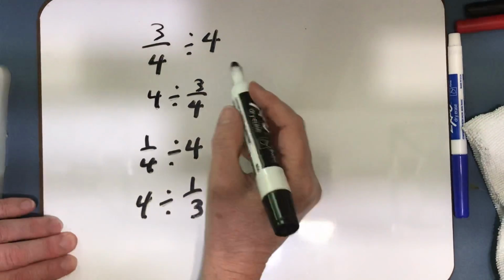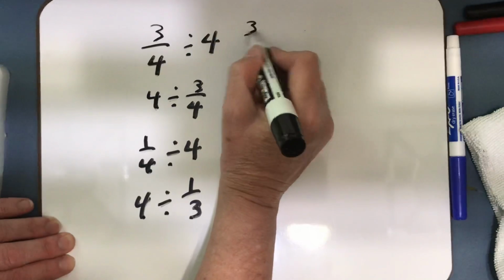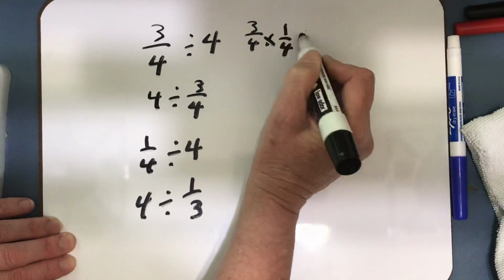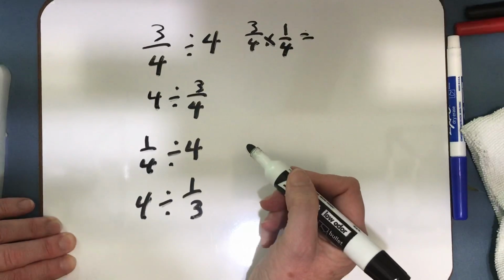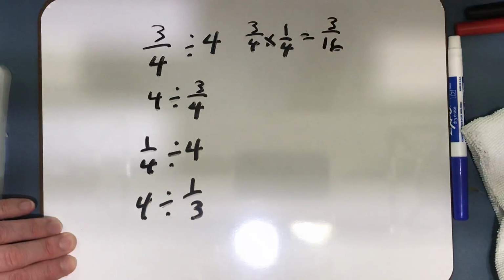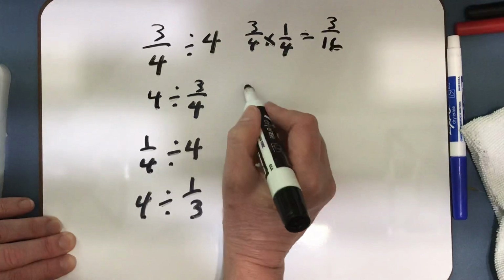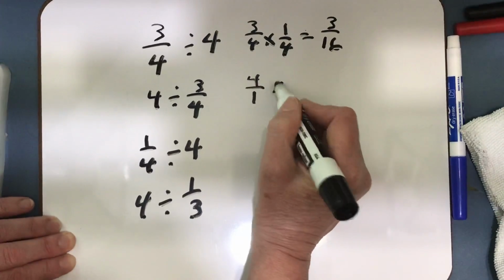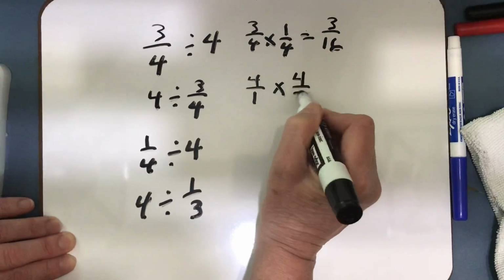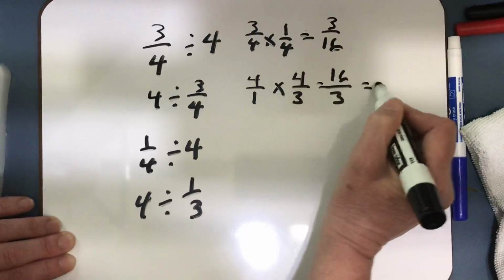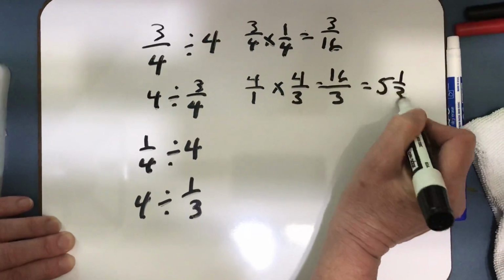I'm going to solve 3/4 divided by 4 by doing 3/4 times 1/4, because I multiply by the reciprocal of the divisor. That's going to equal 3/16. My next one, I'm going to change 4 to a fraction, 4/1, multiply by the reciprocal of the divisor, times 4/3, equals 16/3, which equals 5 1/3.